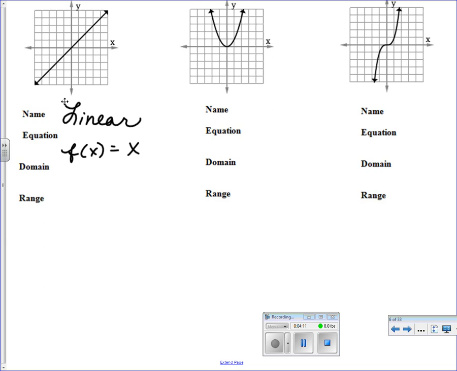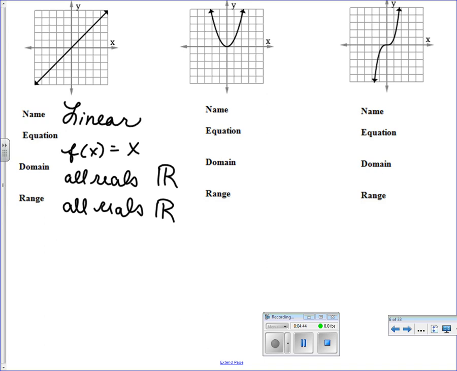So therefore the domain would be x is all reals. Anybody know the abbreviation for reals? You can do that funky looking R. So that's all reals. Now, if the domain is all reals, that's going to dictate your range, and so your range is also all reals. When we graph things, that's why it's important to know the domain and the range, so we know what it's going to look like.